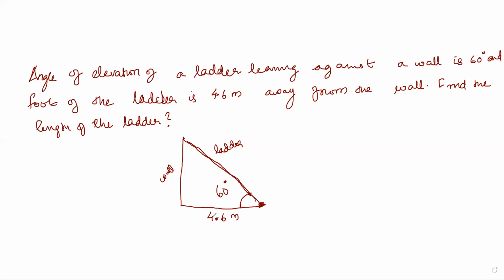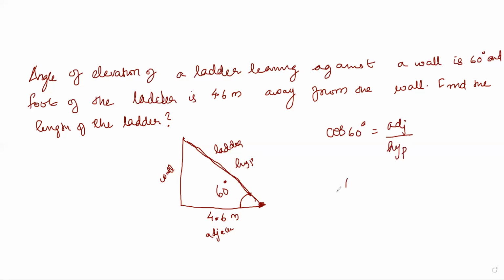So how can you find that? So see here, this ladder forms the hypotenuse. And we are given the adjacent side. This is adjacent side. We need to find hypotenuse. So what is the relation? We have cos 60. Cos is adjacent side by hypotenuse.